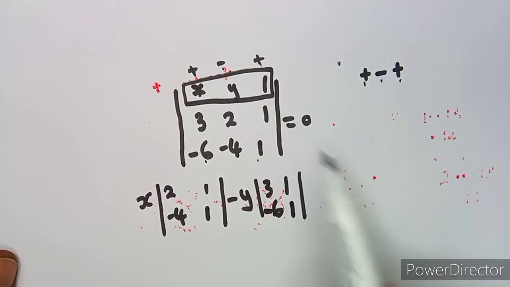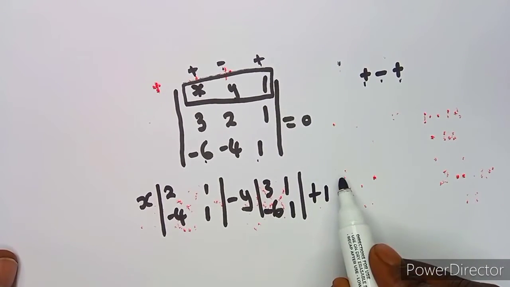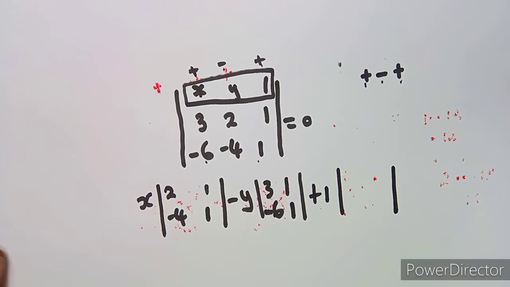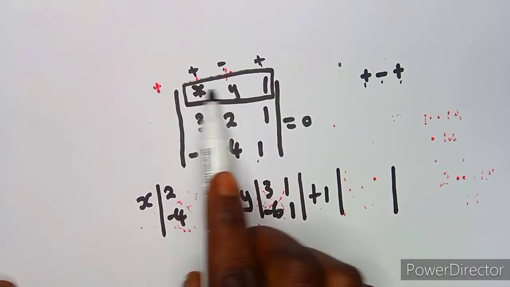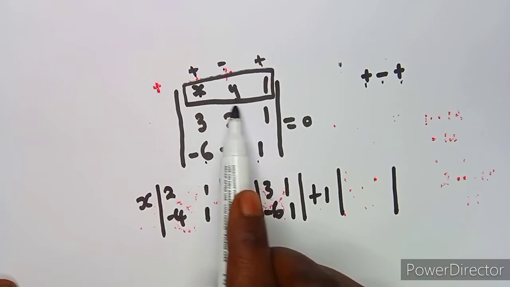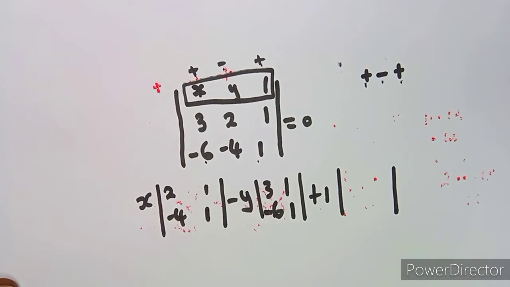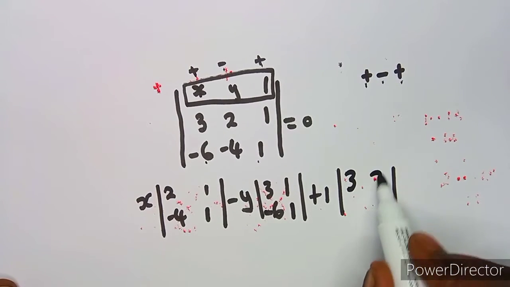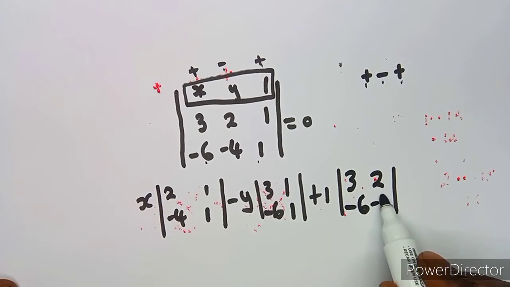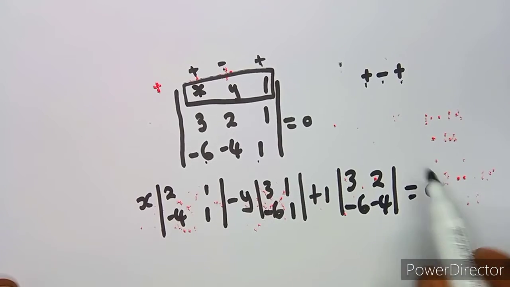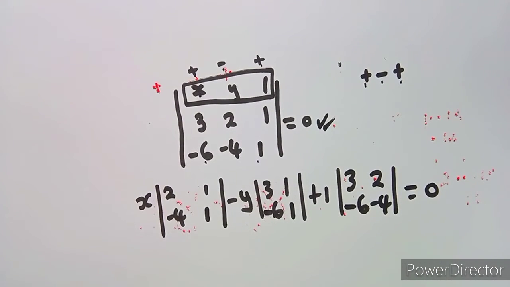That's plus times 1, which is plus 1 like this. You do the same, find the determinant according to 1. You close the row and the column, so you're going to be left with this part here, which is 3, 2, -6, -4, which is equal to the determinant of 0.